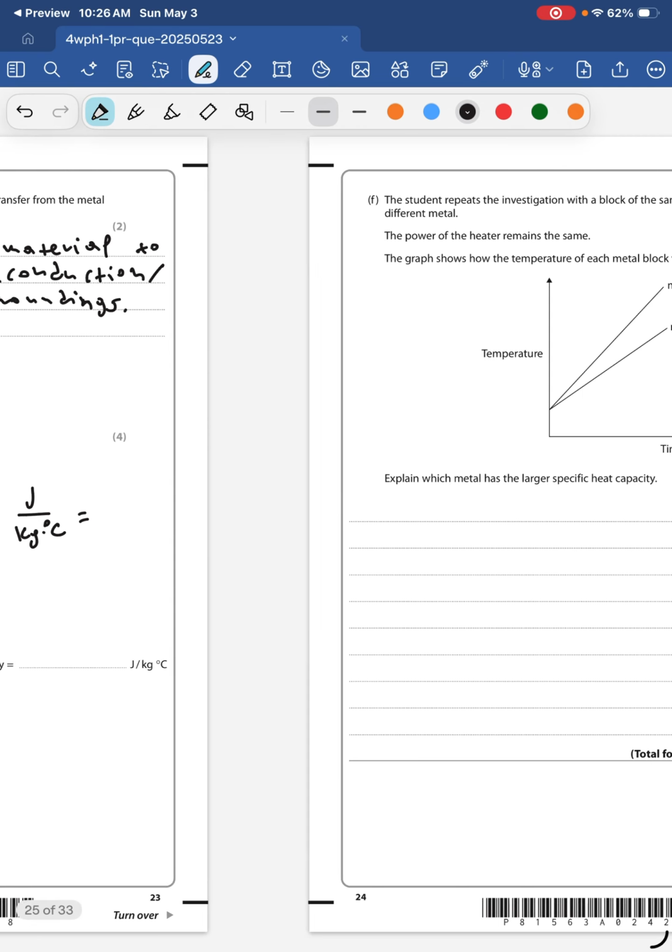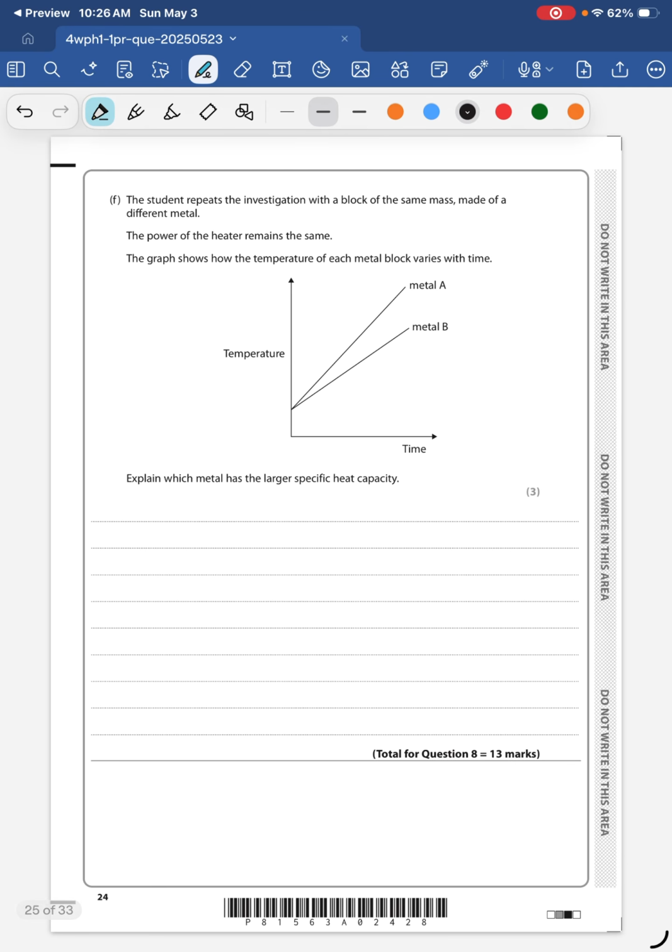All right. Part F, this is a long problem. The student repeats the investigation with a block of the same mass made of a different metal. The power of the heater remains the same. The graph shows how the temperature of each metal block varies with time. Explain which metal has the larger specific heat capacity.